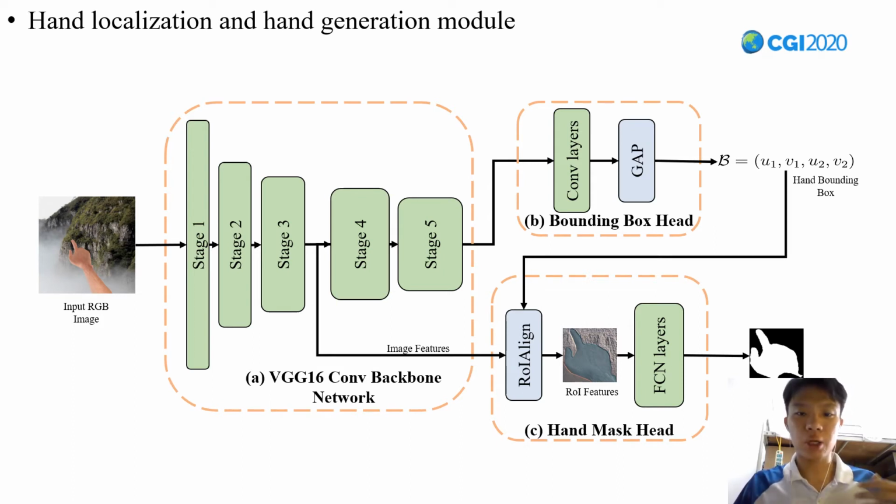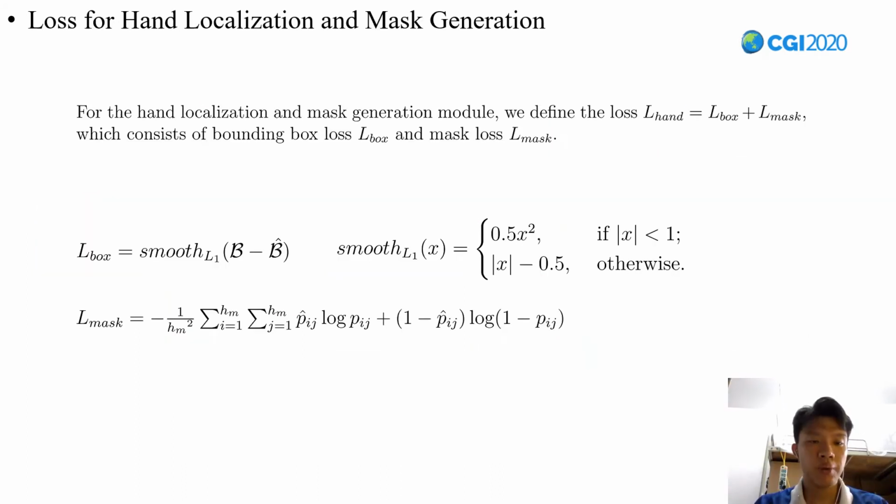The bounding box is denoted as capital B. With the bounding box and features from stage 3 of VGG16, the task of the hand mask head is to generate the binary hand mask of such a hand ROI. This page shows the loss for hand localization and mask generation.